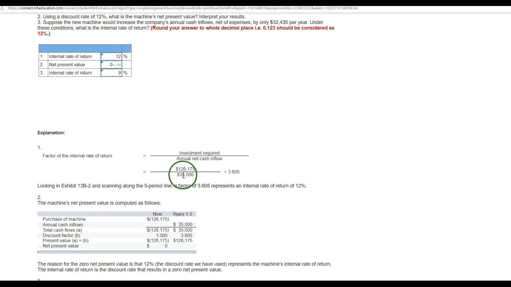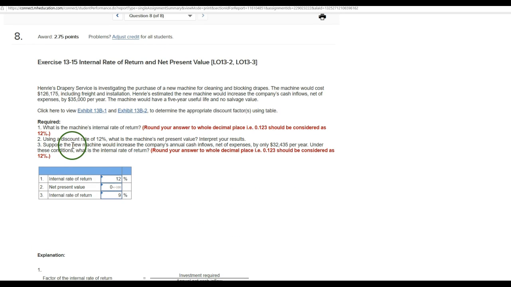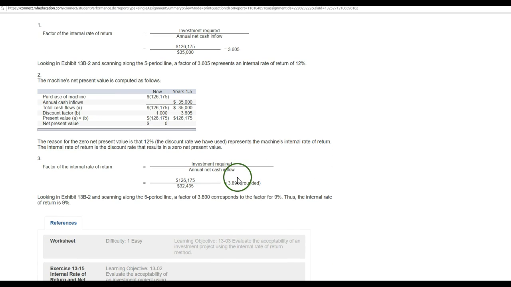Now they say in requirement 2, using a discount rate of 12%, what is the machine's net present value? Well here we're showing that in today's money, they're calling this now, we're going to pay out $126,175, that's the investment.